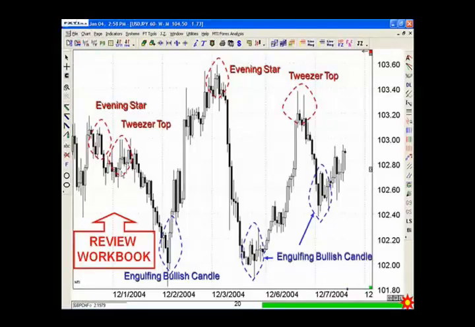And here we could see it in a chart. The market's going down, and we have a bullish candlestick formation. Look here, we have a white candle covering a black candle. The market started rallying, and then here it gave us an evening star. Look how we had decision, indecision, decision. The market started going down, and then we had another bullish engulfing.